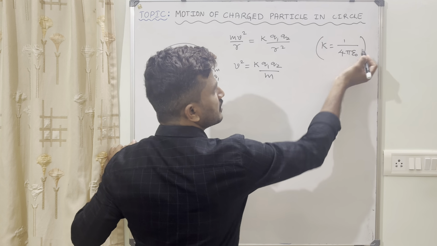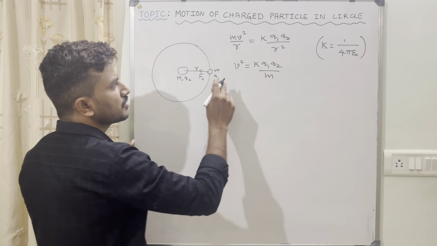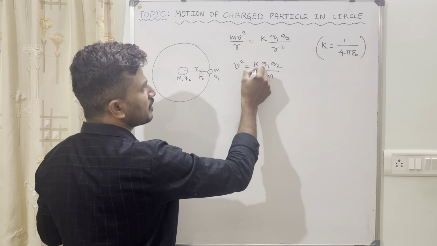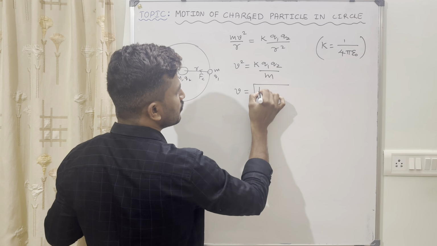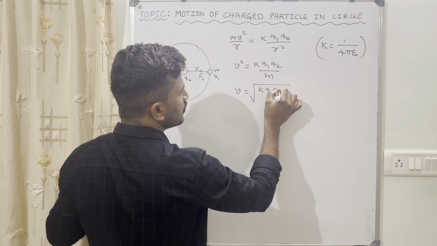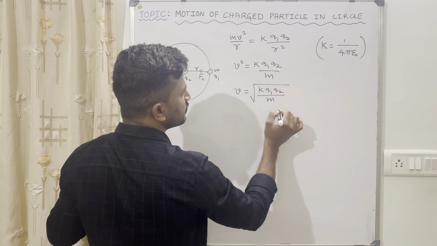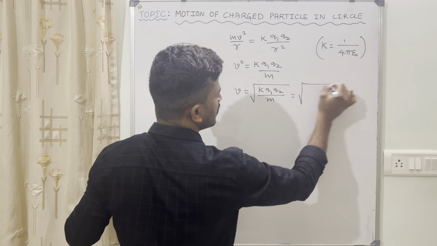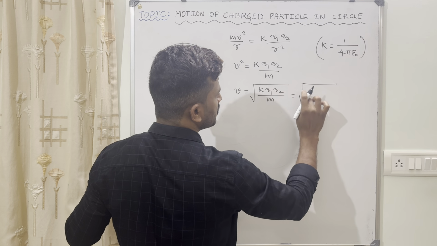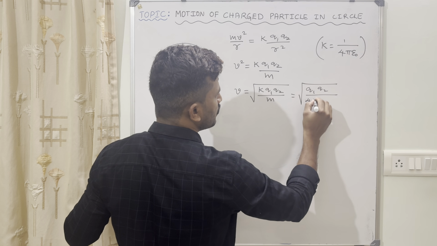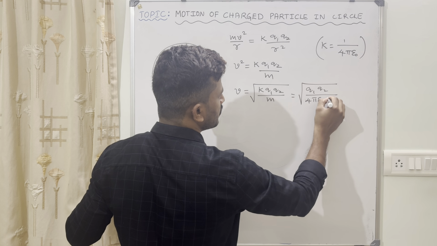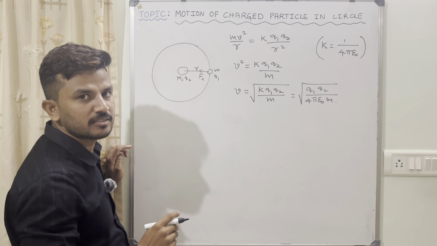This k is different, this k is different. V square is this, and if you want to substitute the value of k, you can substitute. So v is equal to square root of k q1 q2 by m r, that is square root of q1 q2 divided by 4 pi epsilon naught into m r. This is the velocity.